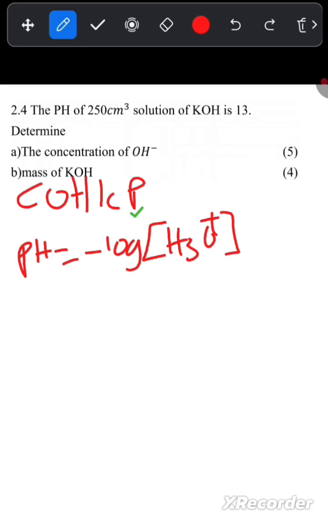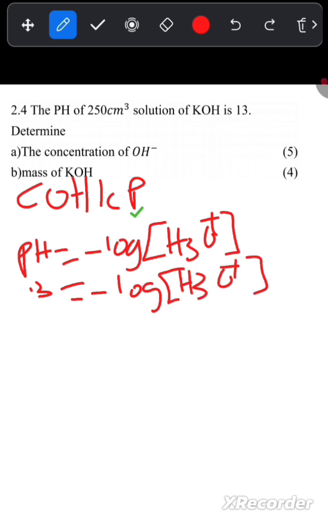Right, so then we are going to substitute. Our pH is 13 is equal to negative log concentration of hydronium ions. Then to make hydronium ions the subject of the formula, what do? We say concentration of hydronium ions is equal to 10 to the power negative 13.